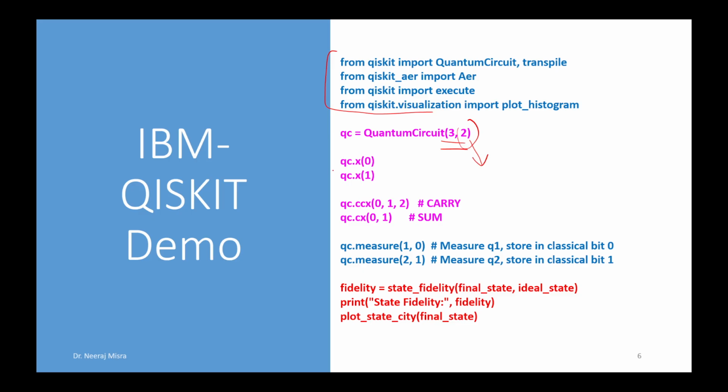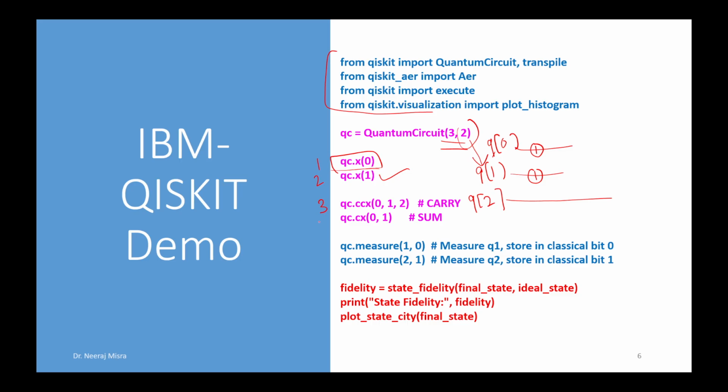In the first line we have put a NOT gate, and in the second line we have also put a NOT gate. Now we have 3 lines. Suppose this is Q0, and Q1, and this is Q2, and here the third line.